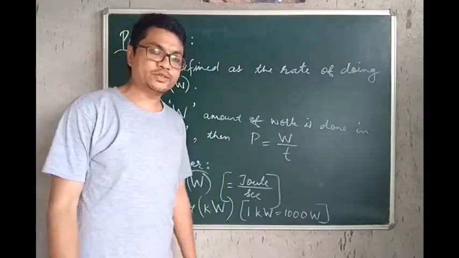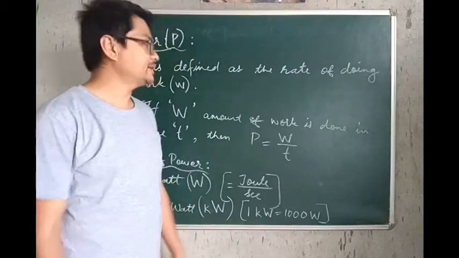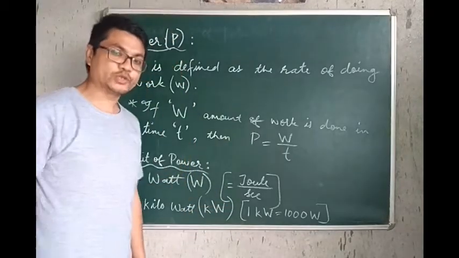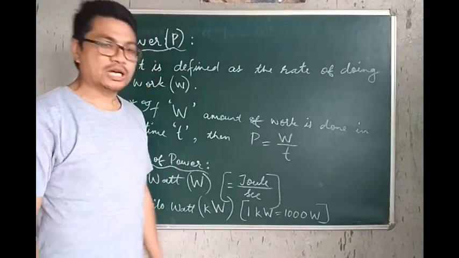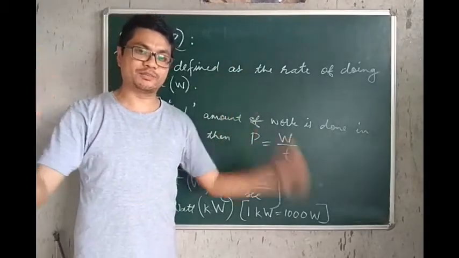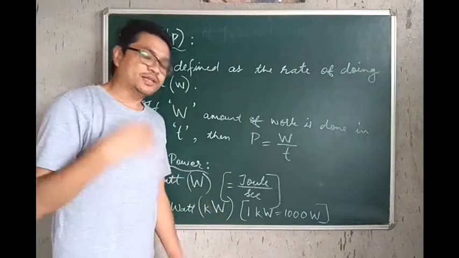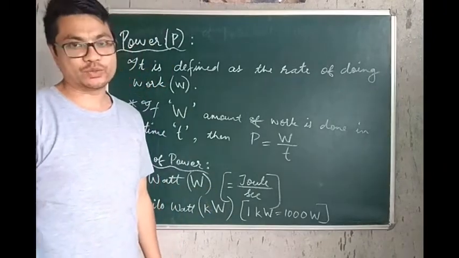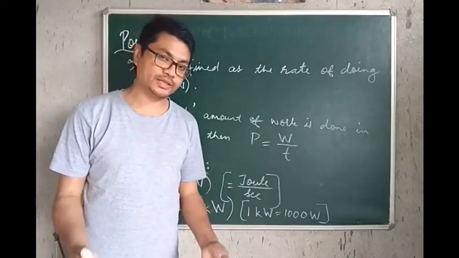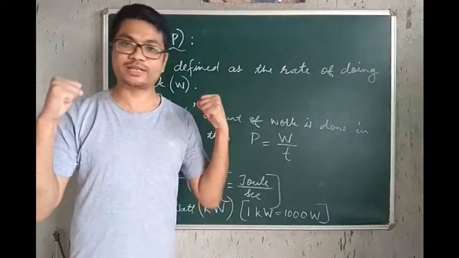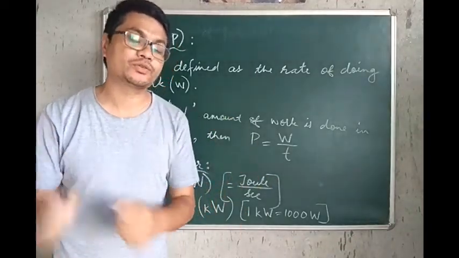The other thing that we need to look at in this video, class 8, is power, denoted by a capital P. What is power? Power is defined as the rate of doing work. Rate of doing work means how much work you can do in a certain amount of time.